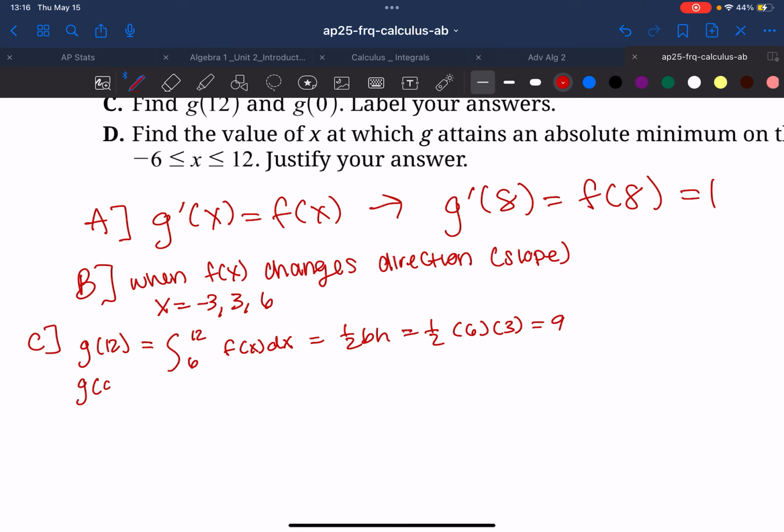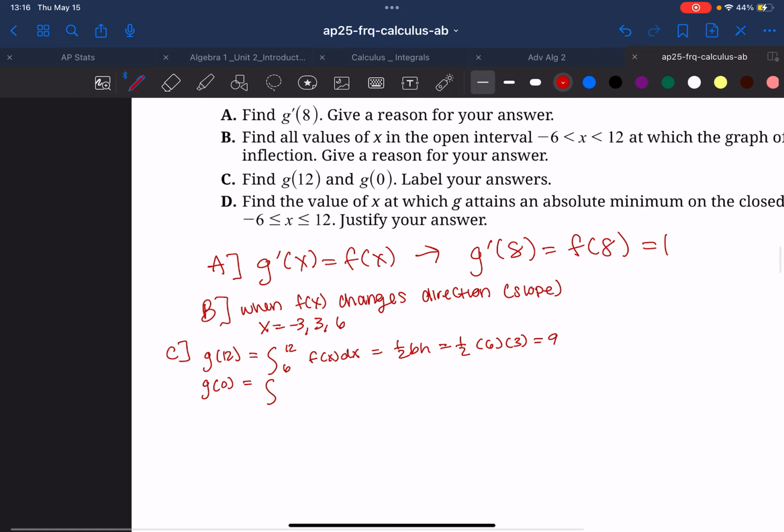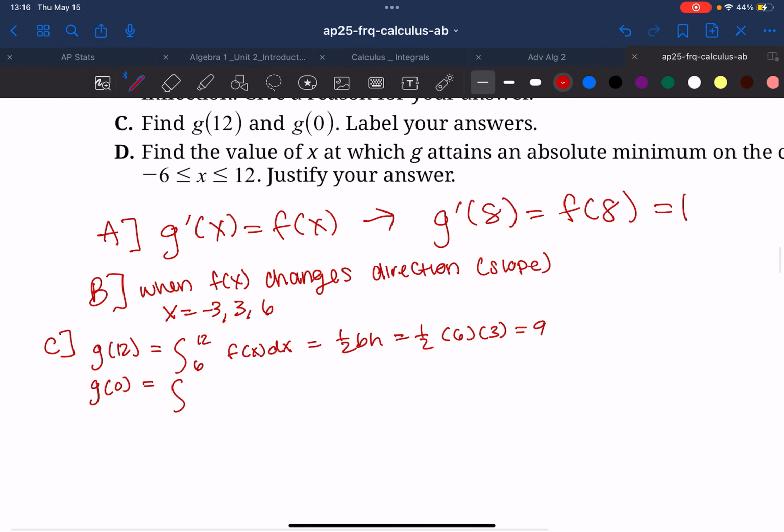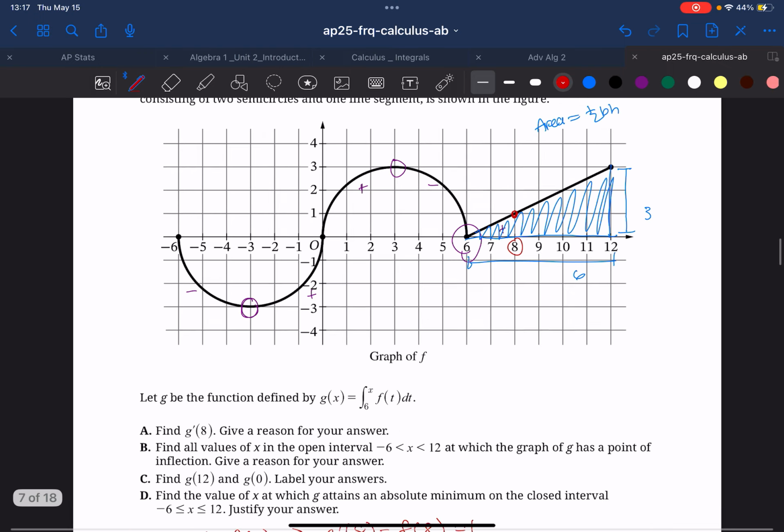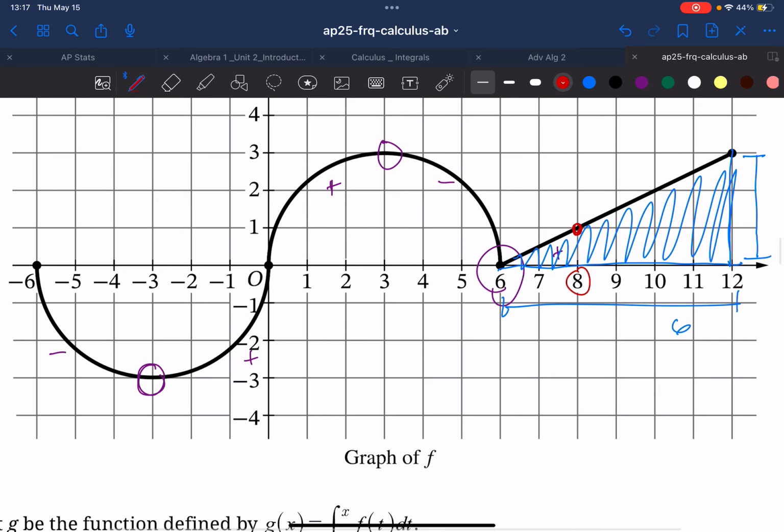And then g of 0 is equal to the integral from 6 to 0 of f of x dx. So from 6 to 0 here, notice that that's right here, okay?